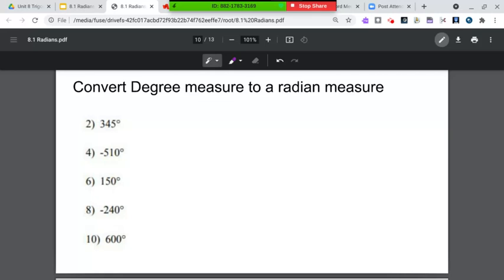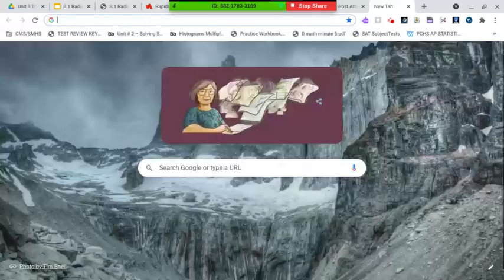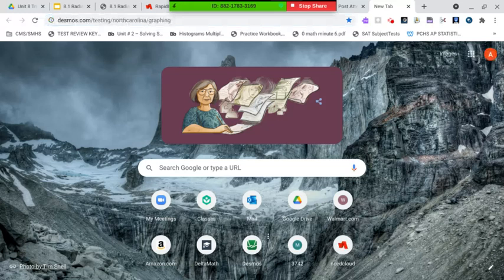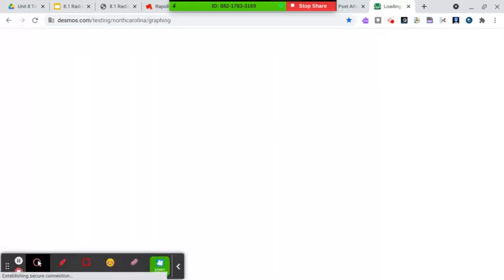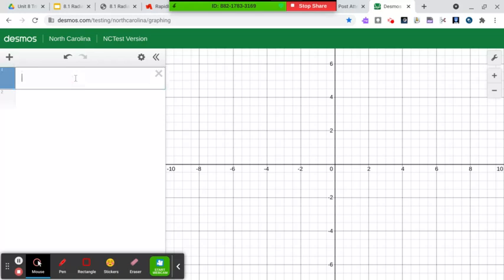Because we get to use Desmos, Desmos is beautiful. We're going to go to Desmos and simply plug in 345 over 180. Desmos has this really neat little fraction button that you can press. And look at this little fraction over to the side, 23 over 12.